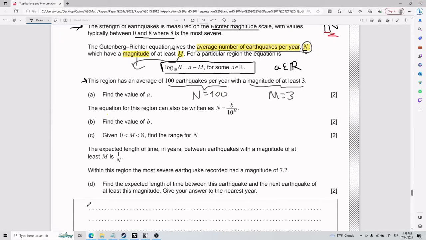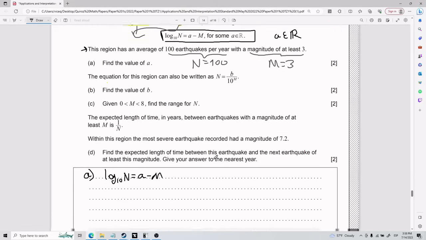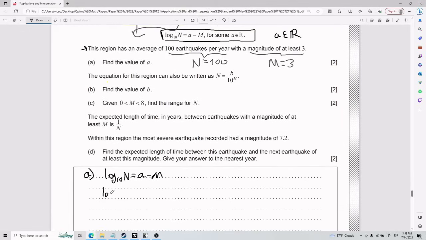Alright, so my equation is log base 10 of big N equals a minus big M. So if I go ahead and plug all of that in, I will have that log base 10 with N 100 equals a minus 3.